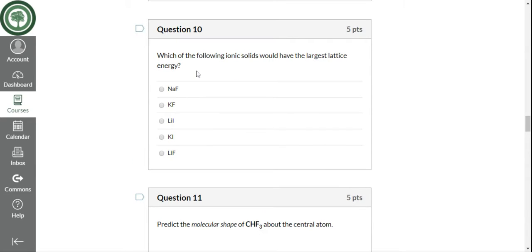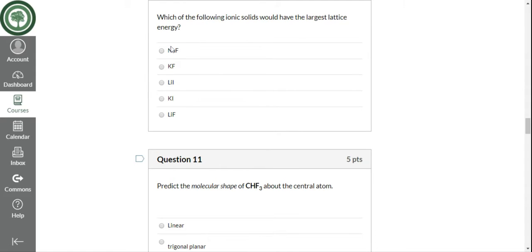Which one would have the highest lattice energy? So again, what we're looking for is lattice energy goes up as the charge increases from plus or minus 1 to 2 to 3, but also as the size gets smaller. If you look at all of these charges, they're exactly the same, +1 and -1. If you were to look them up, they're all from the alkali metals and the halogens. So if the charges are the same, then the factor we need to look for is size.